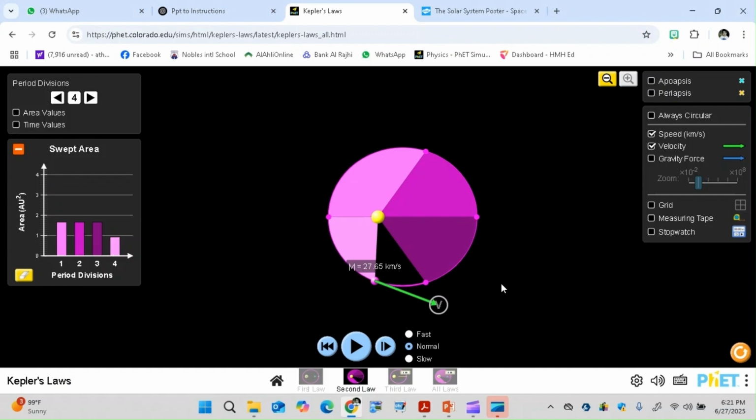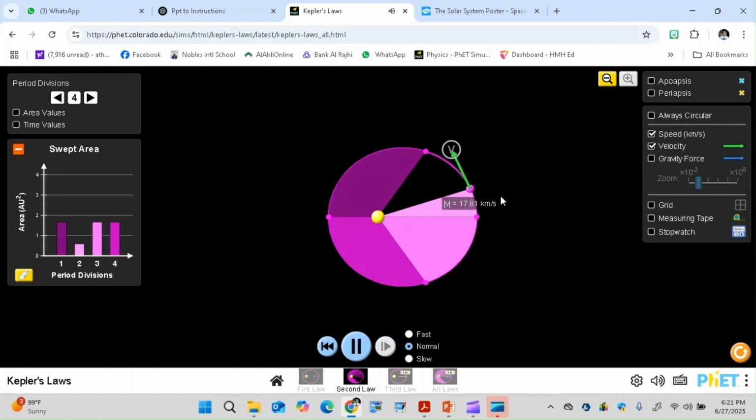In this simulation, it's the elliptical-shaped orbit. This is the Sun, and this dot represents the planet's positions. This is the farthest point, and this one is the nearest point. We can see that at the furthest point, the planet's speed is 17.24 kilometers per second.